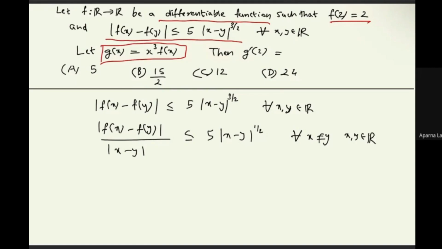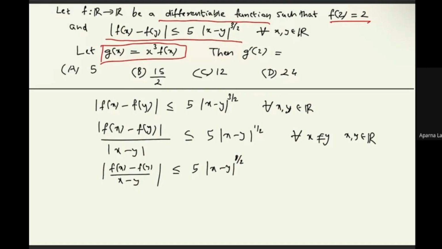So now what can we say? What we got is the modulus of f of x minus f of y divided by x minus y is less than or equal to 1 by 2 times modulus of x minus y to the power half, for all x and y.